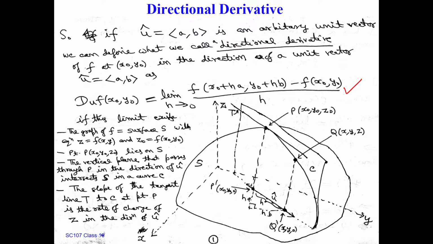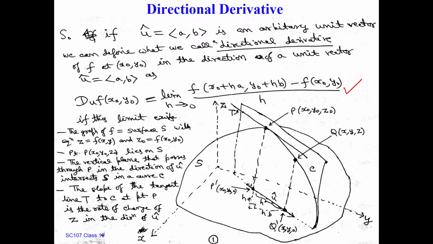So that point is x naught, y naught, z naught. And suppose there is another point Q. Now actually I am going to compute the derivative in the direction of this line. So there is another point Q here, which is x, y, z.